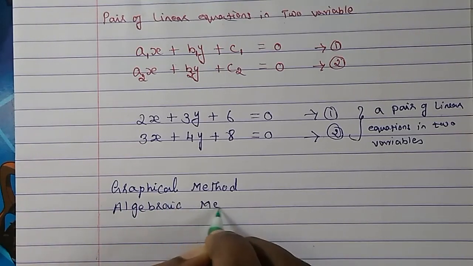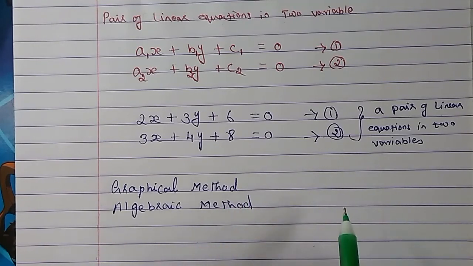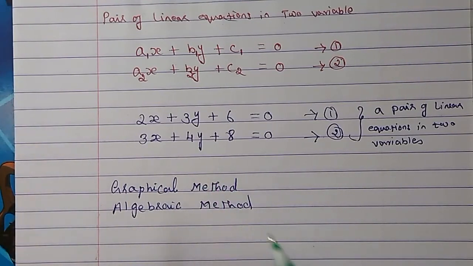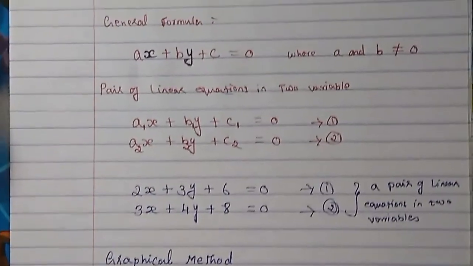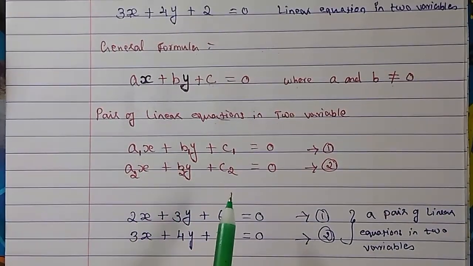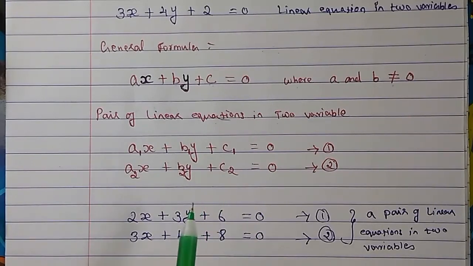Okay, so there are methods how to solve these equations, graphically and algebraically, that we will see in the next videos. But this you have to understand, what is a pair of linear equations in two variables. This is important for exercise 3.1. The rest we will see later on.